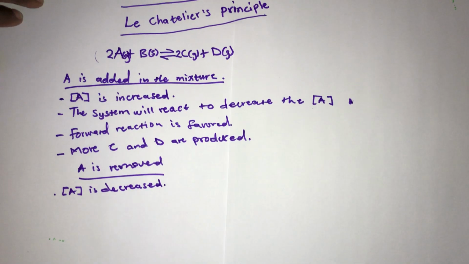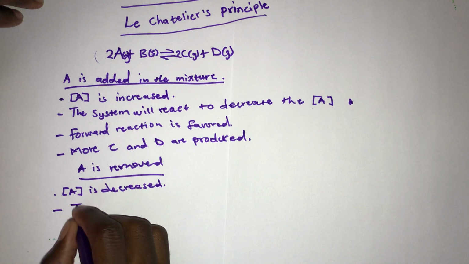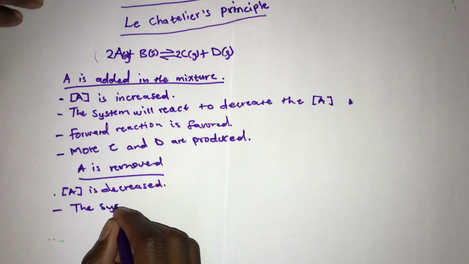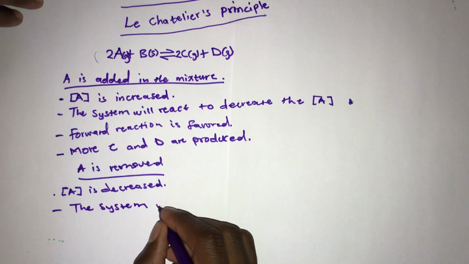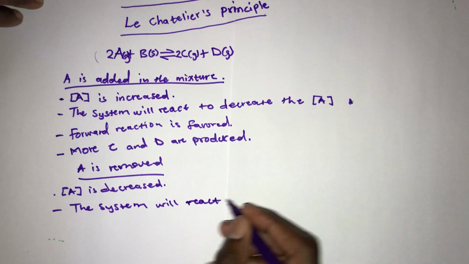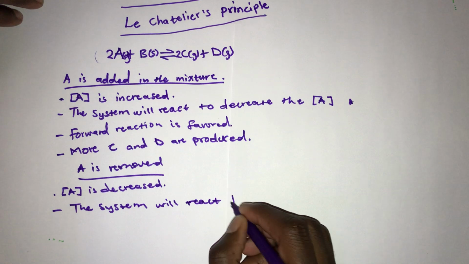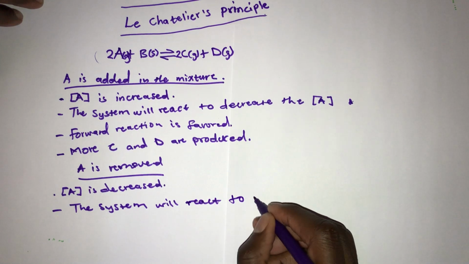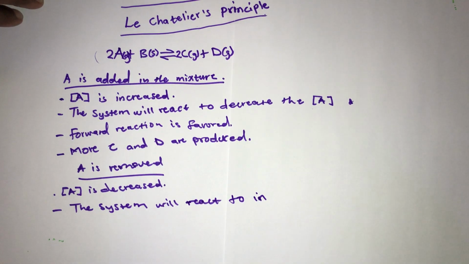Since the concentration of A is decreased, the first point is that the system will react to increase the concentration of A. Check, it's opposing.